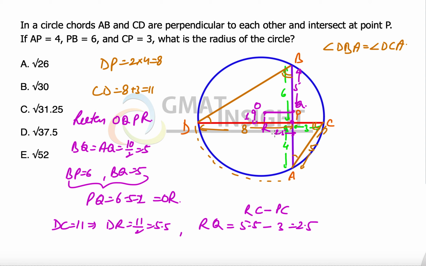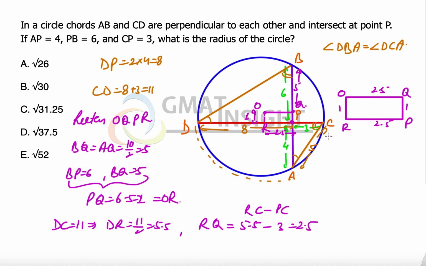So this rectangle has two dimensions, 1 and 2.5. Let me quickly draw this rectangle elsewhere, because it's quite small geometry, so it should be better visible. O, Q, P, R, and these lines have lengths 2.5, 1, 2.5, 1.